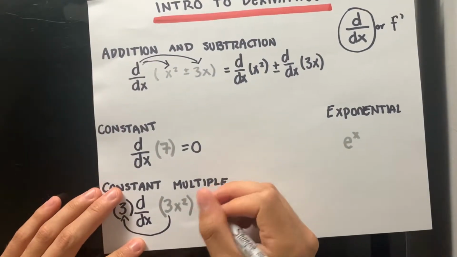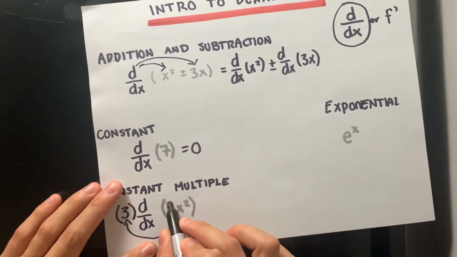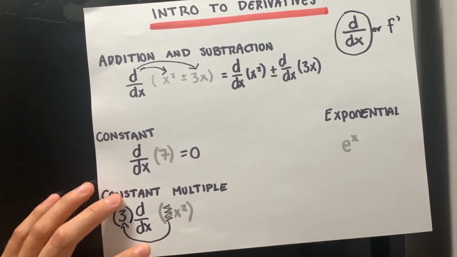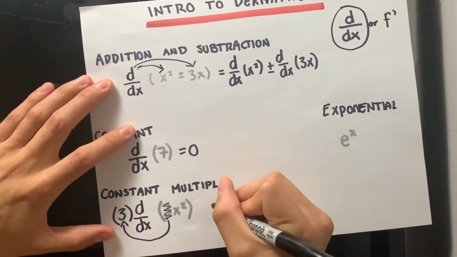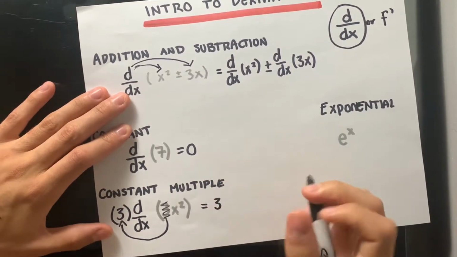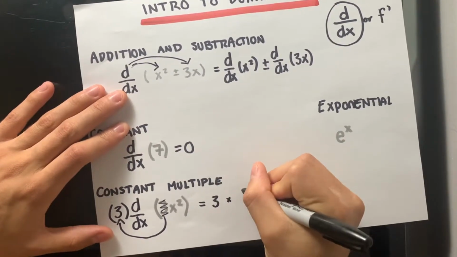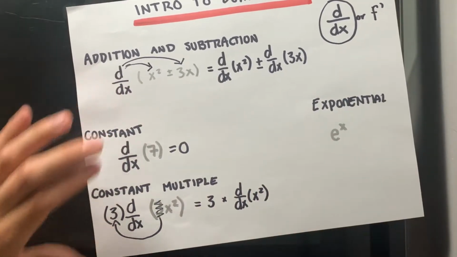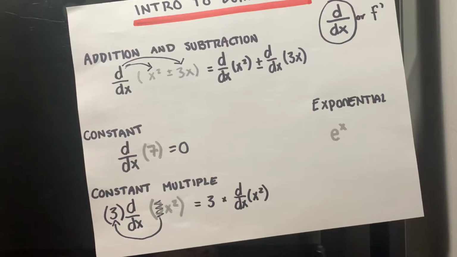So that actually makes things easier, as now we can ignore this 3 and just do the derivative of the x squared. So basically it would come out to 3 multiplied by the derivative of x squared. Now, this might seem a little confusing, but later on in the video when we start learning about the power rule and how basically the power rule with derivatives works, this will make a lot more sense.